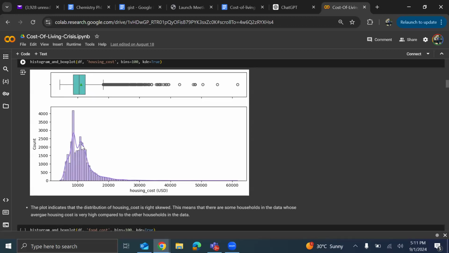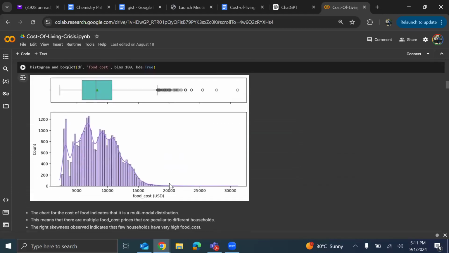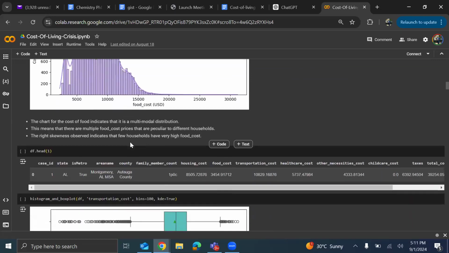There's also a second mode here, which tells you there's a huge distribution around here. Then the skew is to the right. These are the outliers. You can call them anomalies, with very high housing cost. These are some of the things the histogram is very good at helping you with.